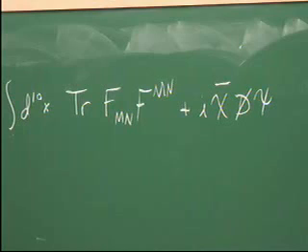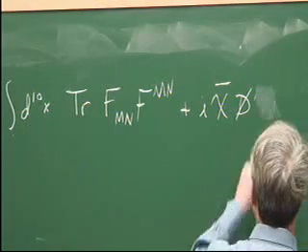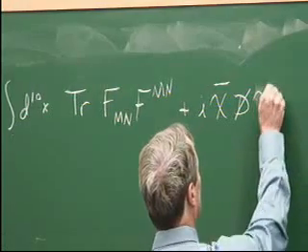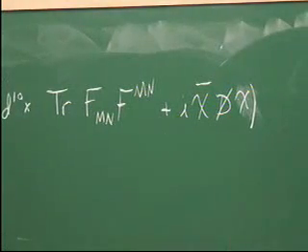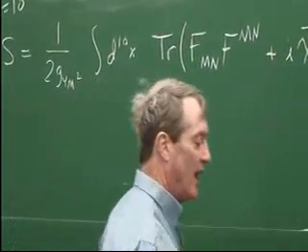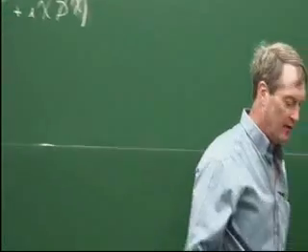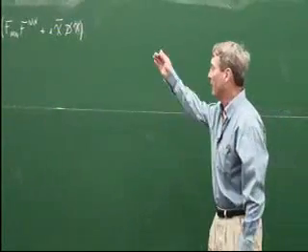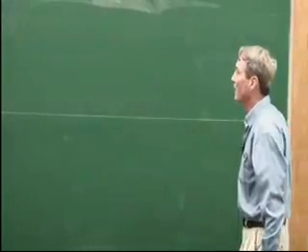And that is a Yang-Mills action and an action for a fermion, and I'll tell you what kind of fermion in a second. This is just a Dirac action and a gauge action, but it happens to have supersymmetry. It has one 10-dimensional supersymmetry.